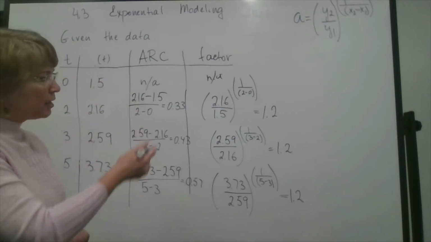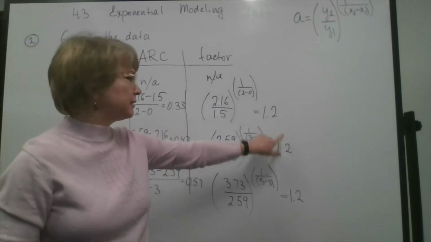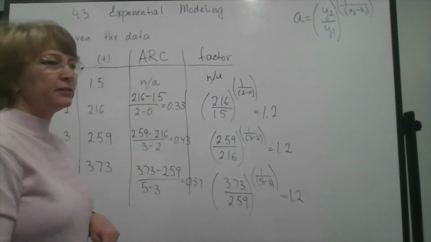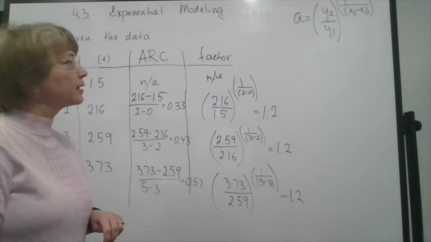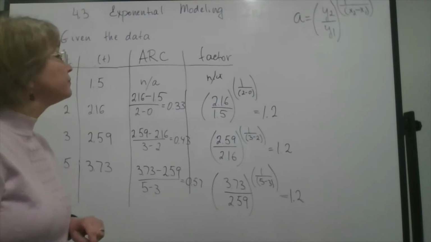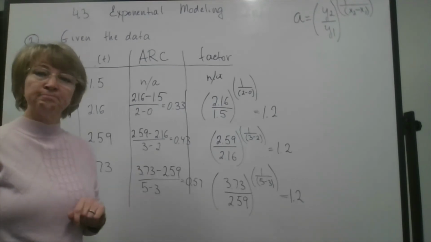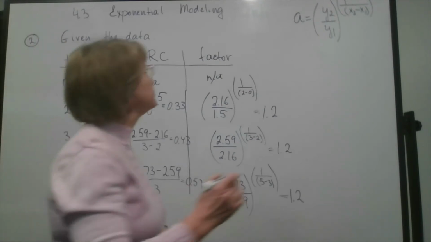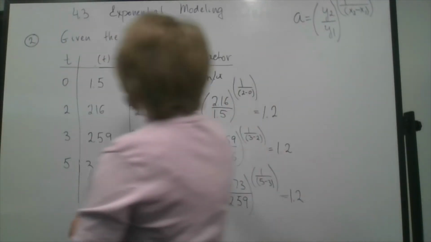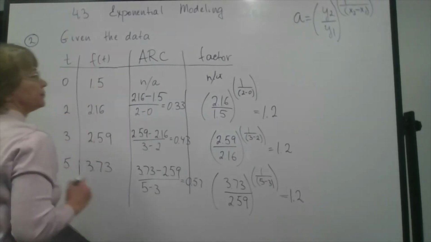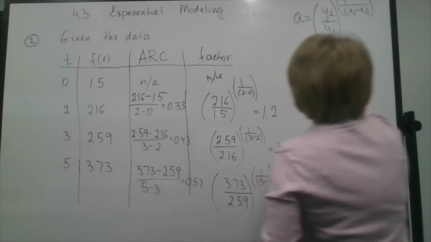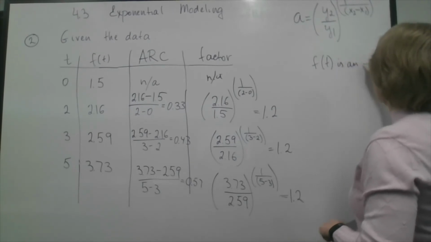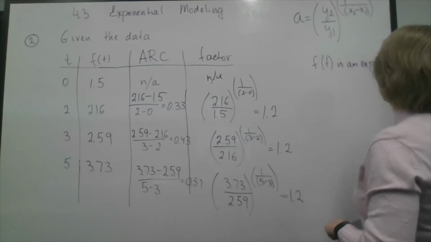If you round it, you have to round to 1 decimal place in this case because in an exponential model everything changes so fast. So what do you think? What kind of model is this? This is an exponential model. So in our case, function f, f of t, is an exponential model.